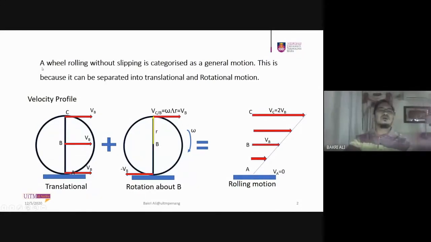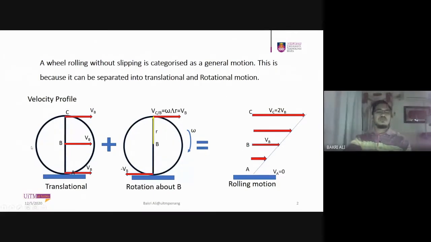A wheel rolling without slipping is categorized as a general motion, because it can be separated into translational and rotational motion. So we look at the holistic profile first.